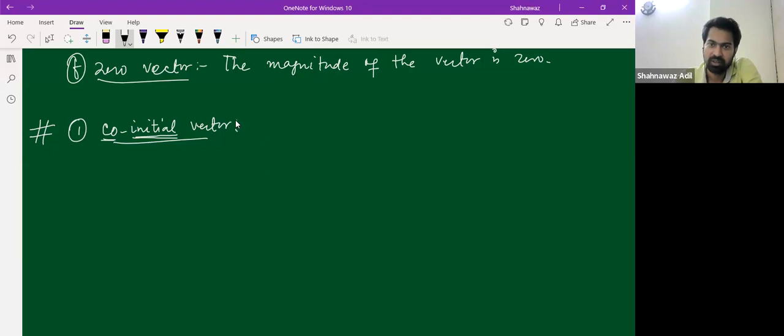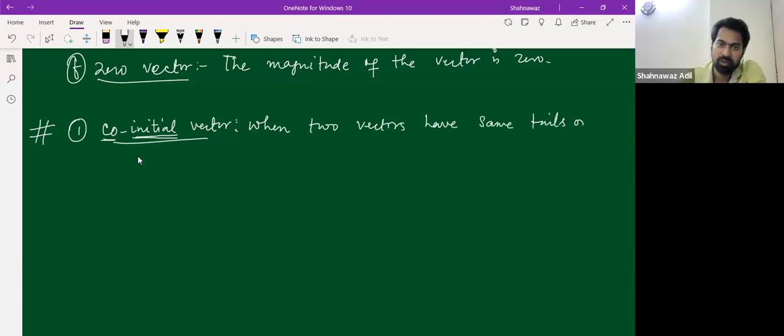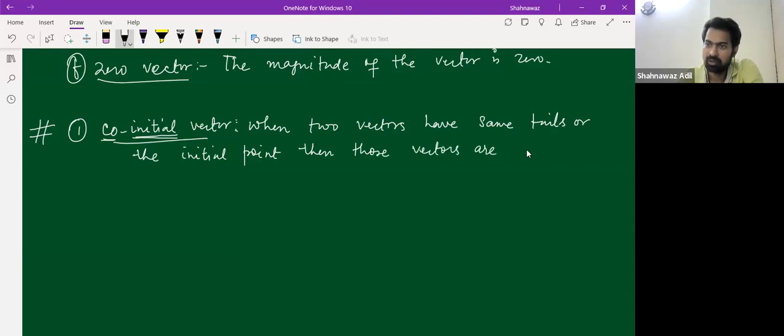So when two vectors have the same tails, or the same initial point, then those vectors are called co-initial vectors.